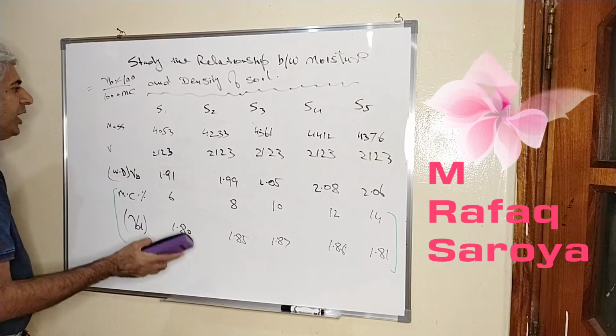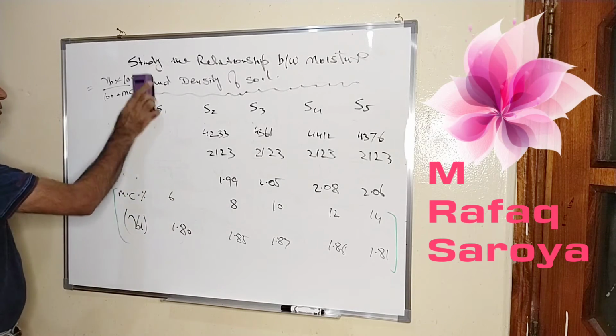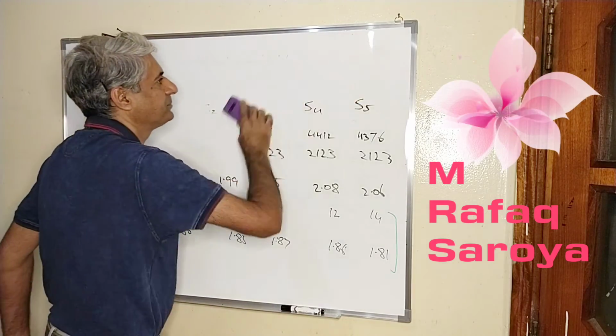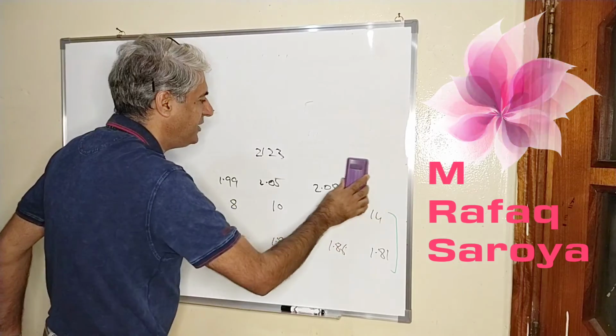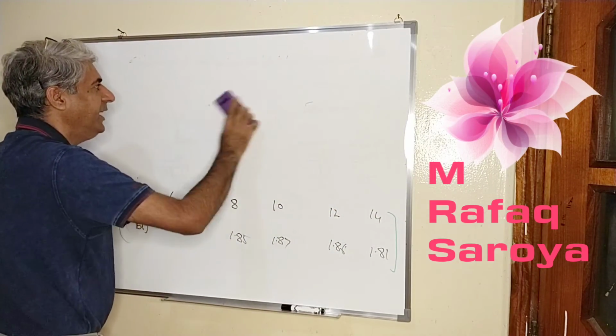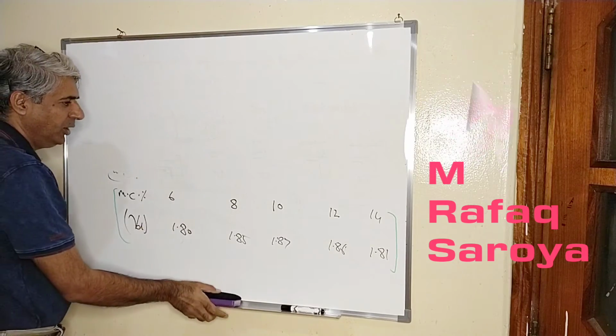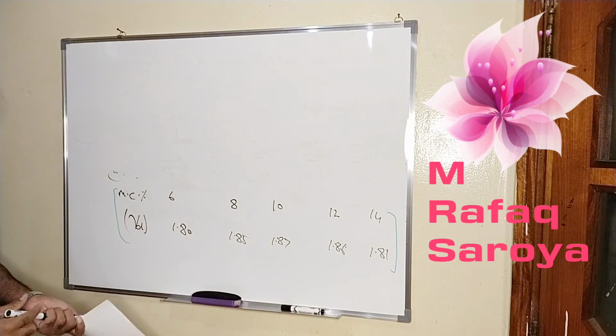Because when we draw the graph, we need two values, known as the independent quantity and the dependent quantity. The independent quantity is taken along the x-axis and the dependent quantity is taken along the y-axis. Now let me show you how this graph will look.